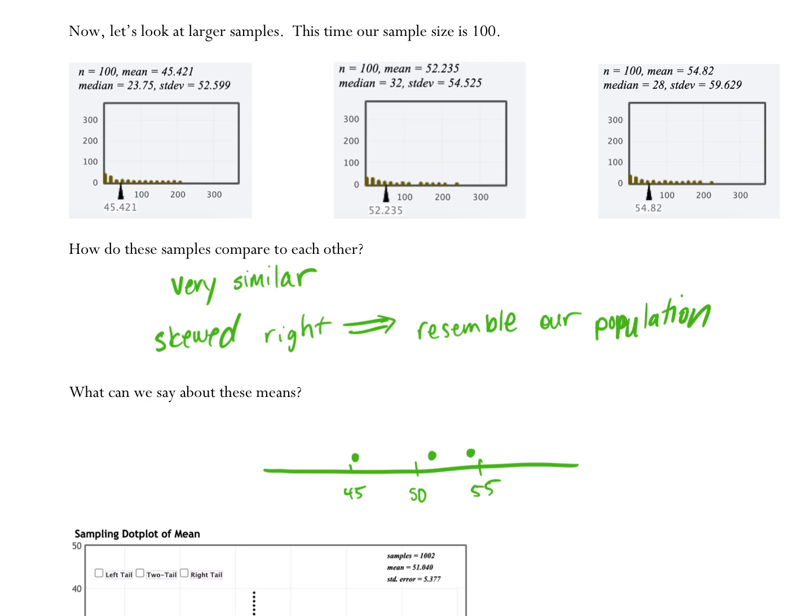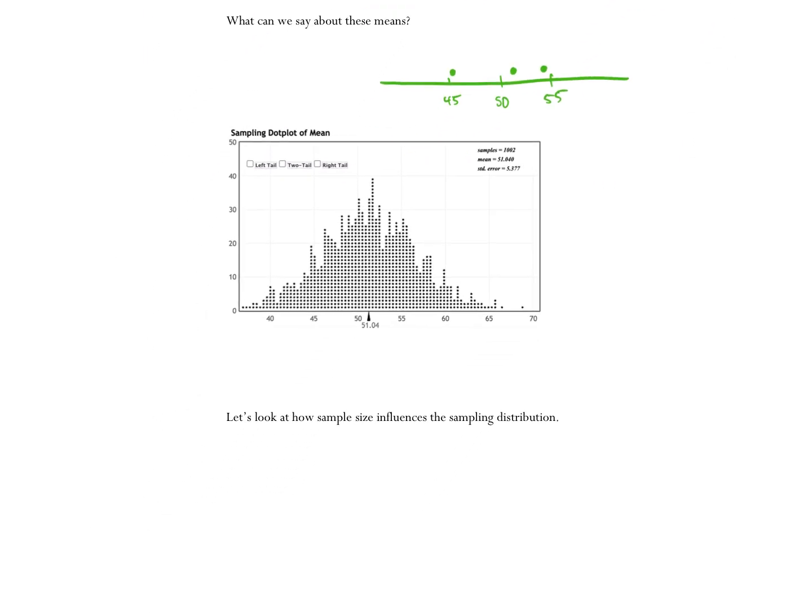Okay. And in fact, when the sample size was 100, even though my population was skewed right and each individual sample was skewed right, the means are still approximately normal. Okay?